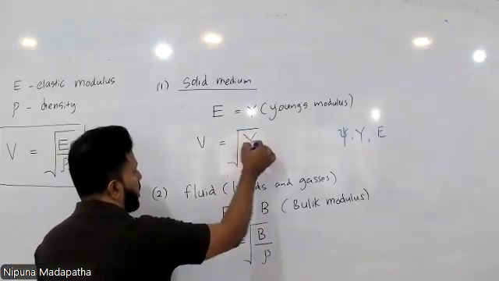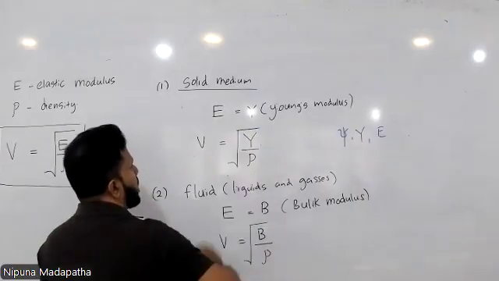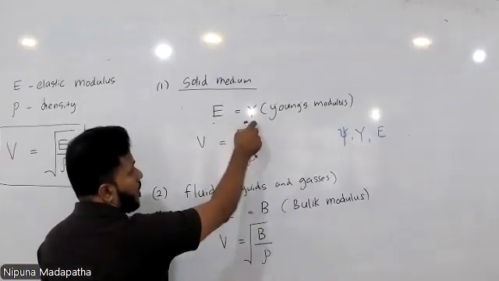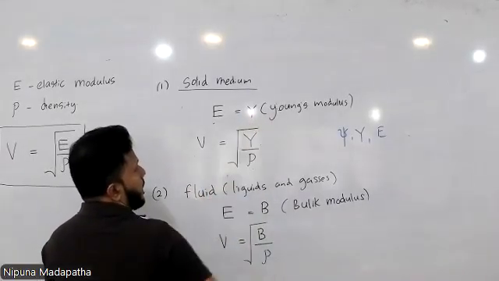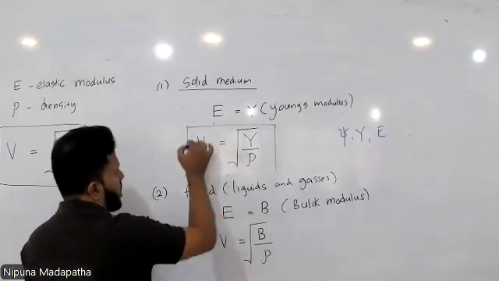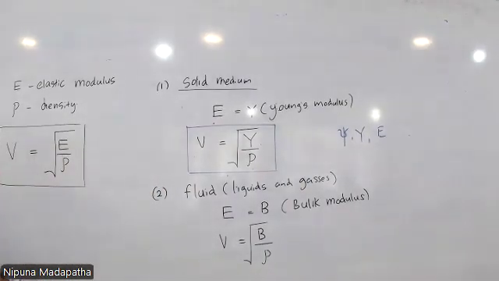But here the physical quantity should be Young's modulus. So E equals Y. We use Y, where Y is Young's modulus. So here's the expression: V equals the square root of Y over rho.